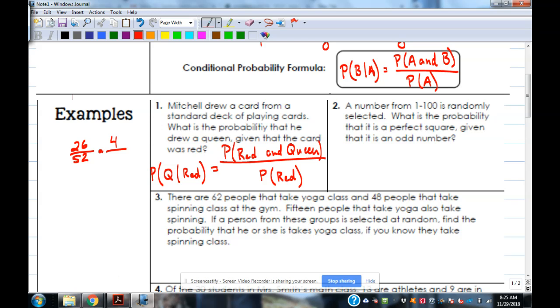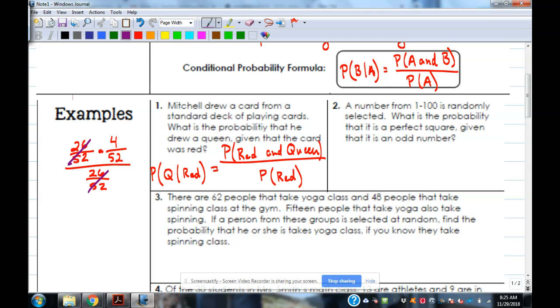There's 4 queens in a deck out of 52. And then the probability of it being a red card, we've already got this one right here. So we simplify that. These cancel each other out. Just 4 out of 52.